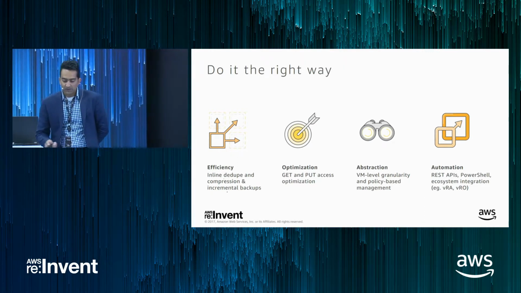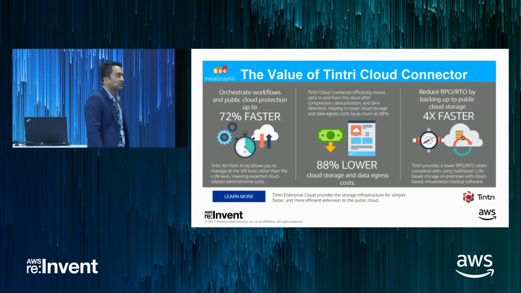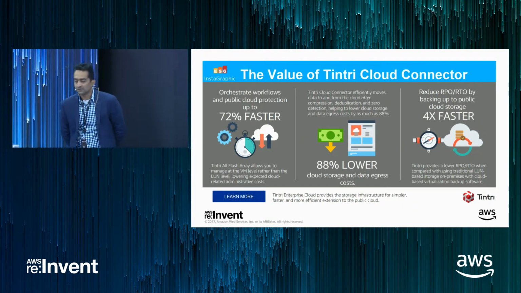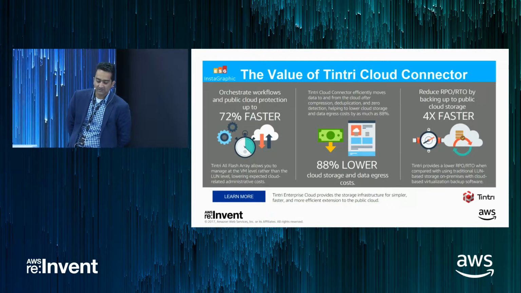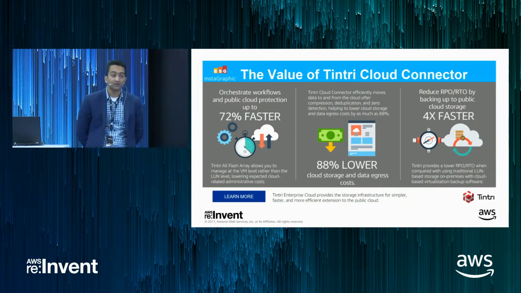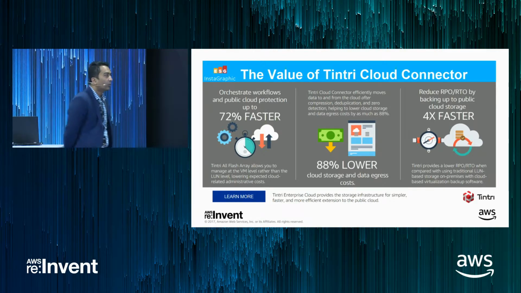So this is what we were talking about, but when we went to some of the leading third-party analysts like ESG, we asked them to quantify what they see in their industry in regards to cloud connectors, how it works out.